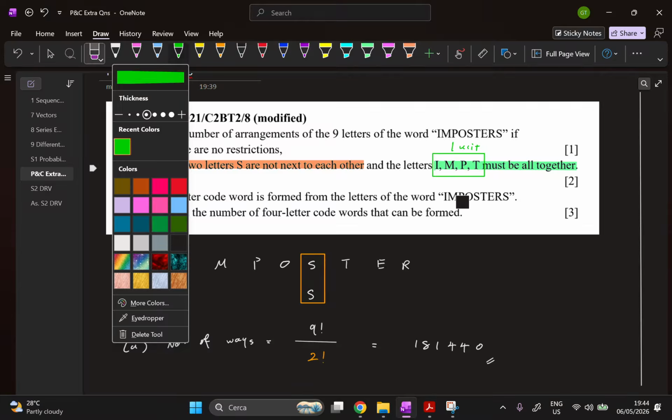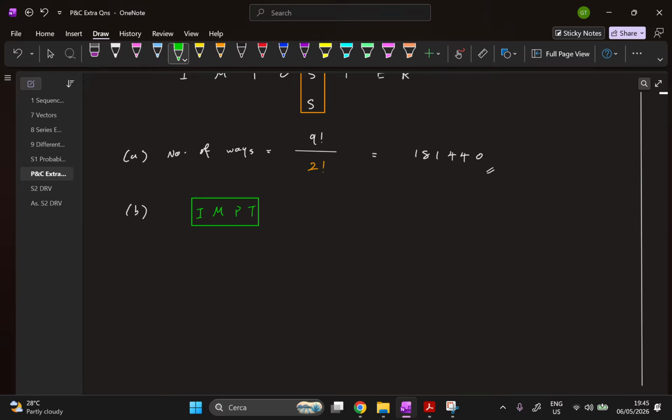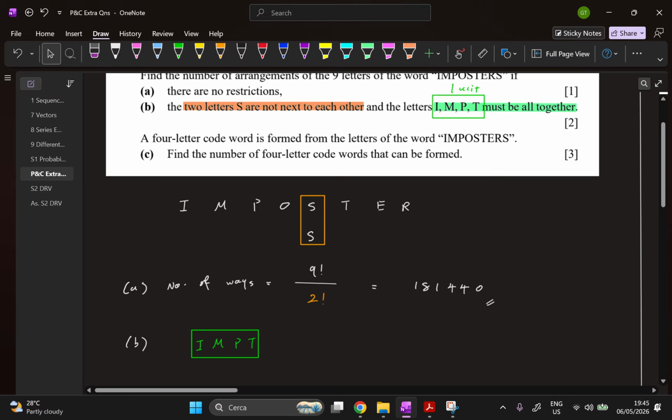Okay, and as a result, we can start to write it out, right? So don't be afraid to write out to help you. This is just 1 unit. Treat this as 1 unit because they cannot be separated. They all must be together.